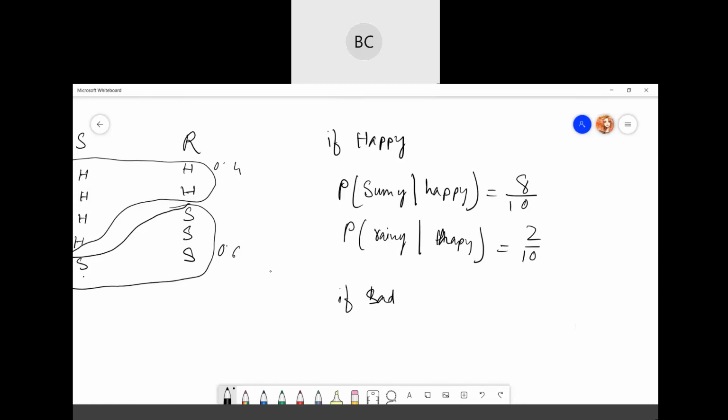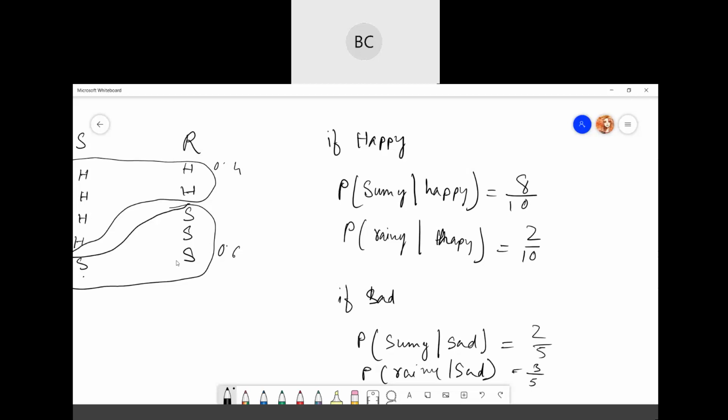Okay, so if sad, again you can find sunny given it is sad, it will be maybe 2 by 5. Then again you can find rainy given sad. Okay, this is pure mathematics involved. It was 3 by 5, I guess. From here you can find the sequences, like today is sunny, the next day will be sunny, and so on.